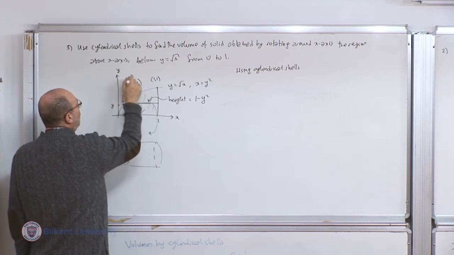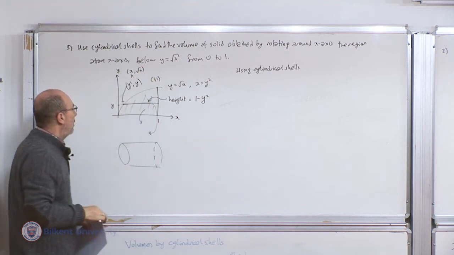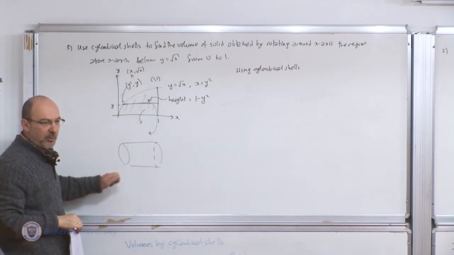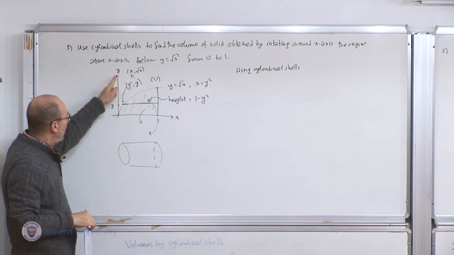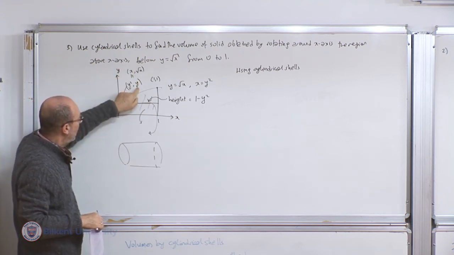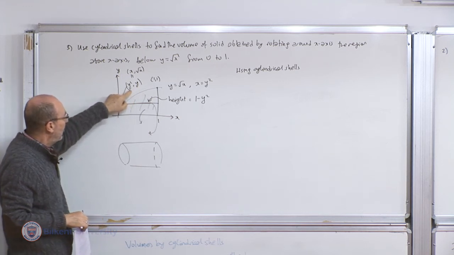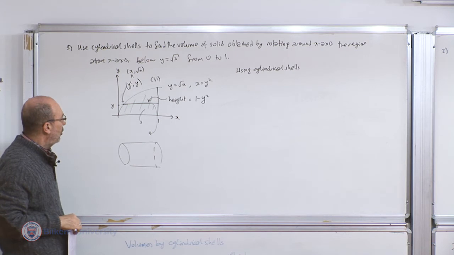Or if you want to write it, this is x, square root of x. It depends on which one you are taking as a parameter. When we decide to go in this direction, we are taking the second part as a parameter. So this is my parameter, and the other coordinate is given by this. So height is this.